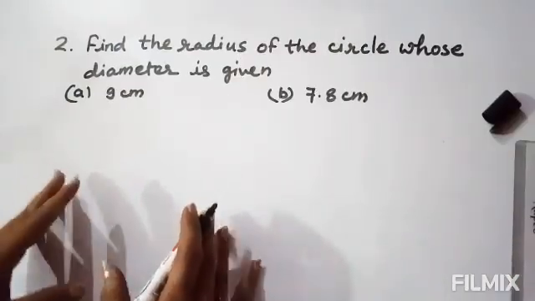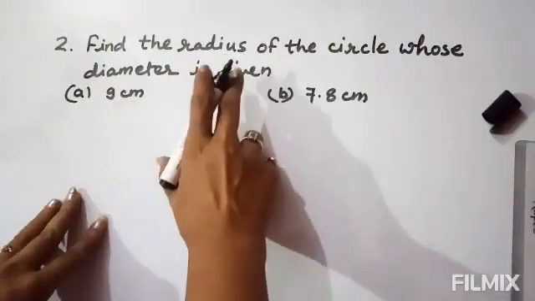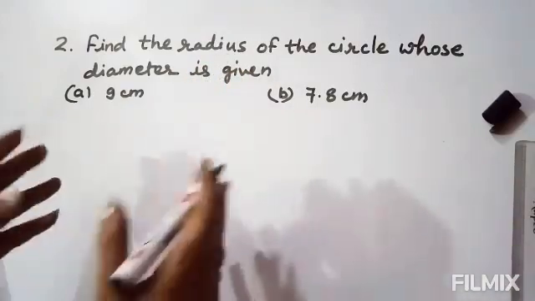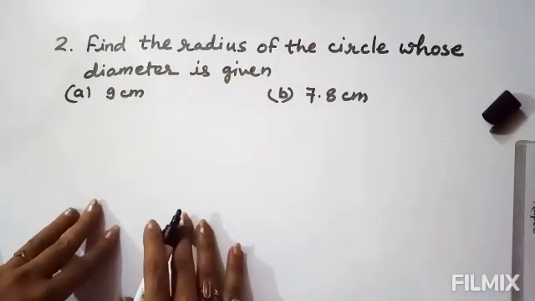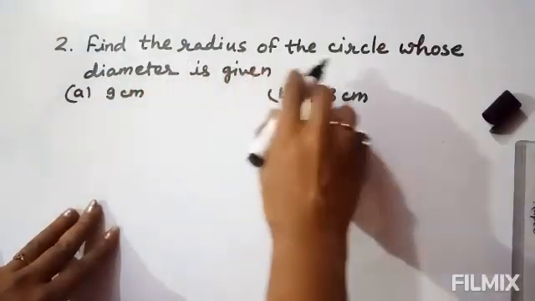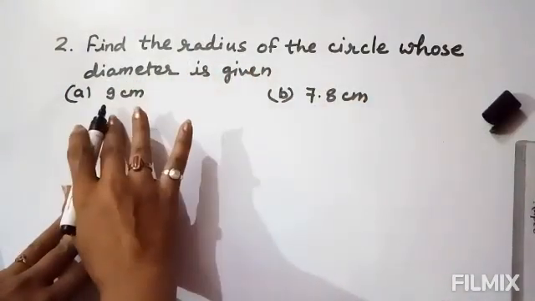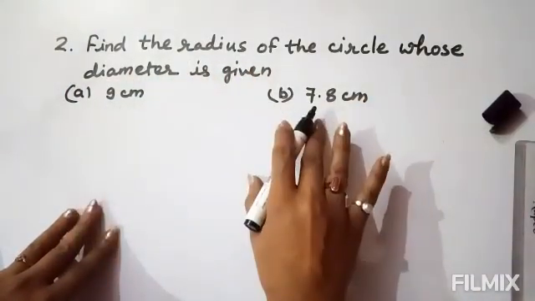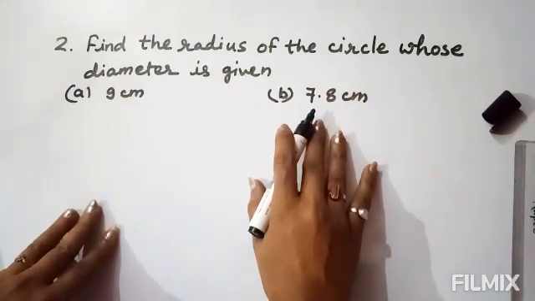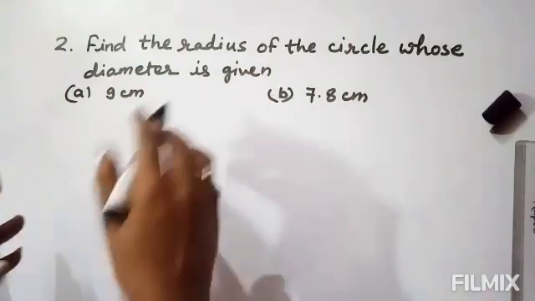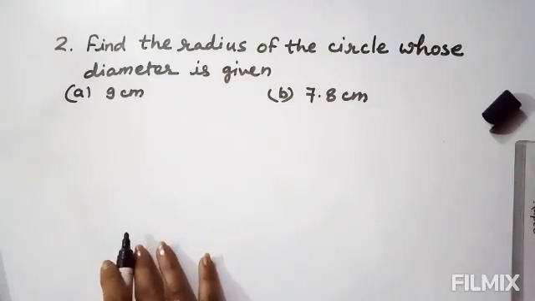Now let's understand how we find the radius of the circle if the diameter is given. The question is, find the radius of the circle whose diameter is given, 9 cm, and another question is 7.8 cm. To find the radius, we need to write the formula.